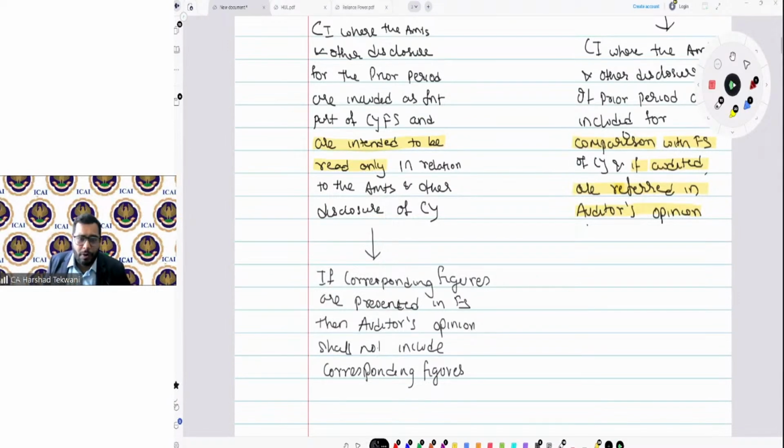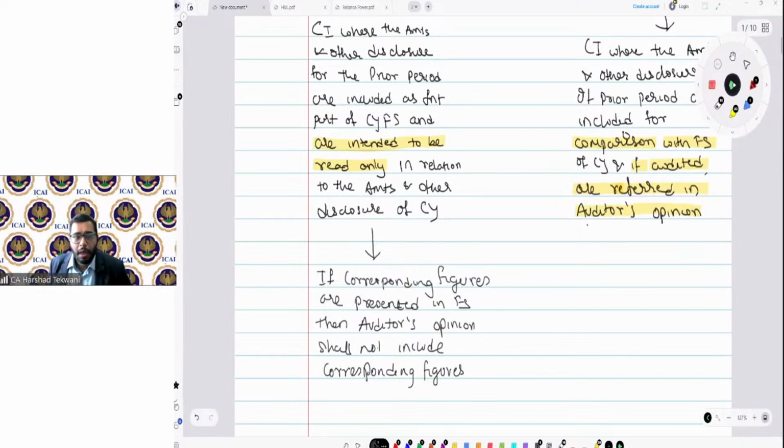Any doubt? Okay, there is one doubt: whether corresponding numbers and opening balance are same.